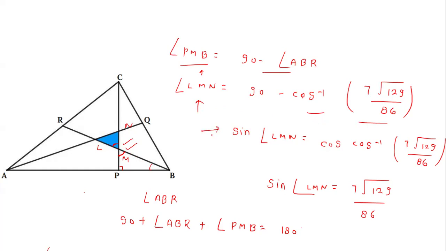Then you can take sine on both sides. So it will become sine here, and sine of 90 minus theta is equal to cos theta. Then it will become cos of cos inverse of this, and then you simplify this, it will simply give the internal quantity. So now you also know the sine of angle LMN.